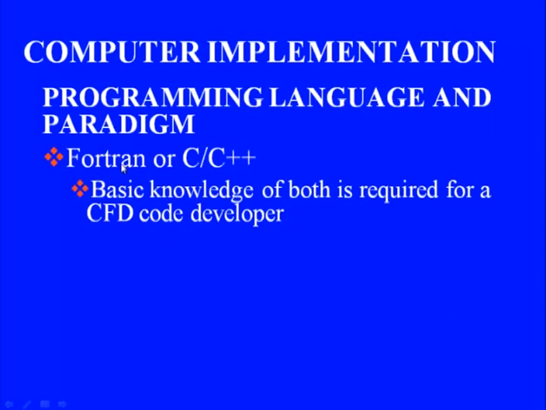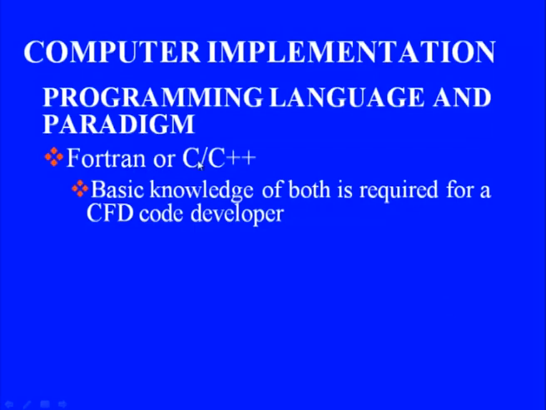Now, I would just like to point out that as regards the choice of the language, you can choose either C, C++ or Fortran, but please remember, if you want to become a CFD developer, a basic knowledge of both of these languages is required. The reason is very simple.